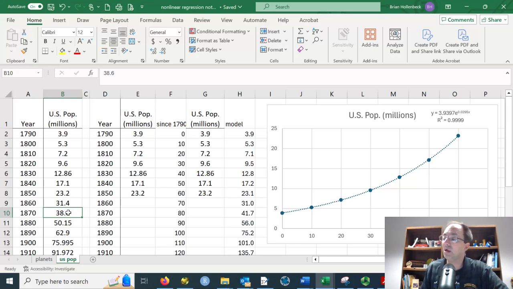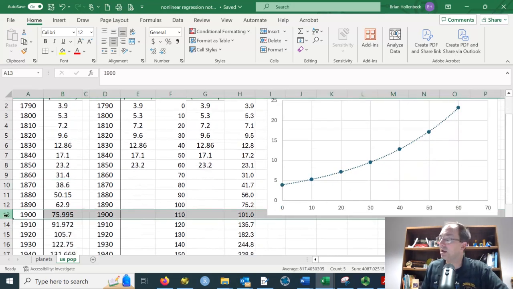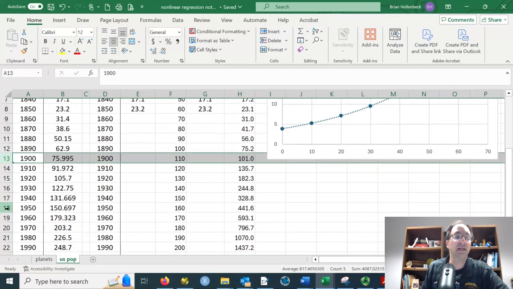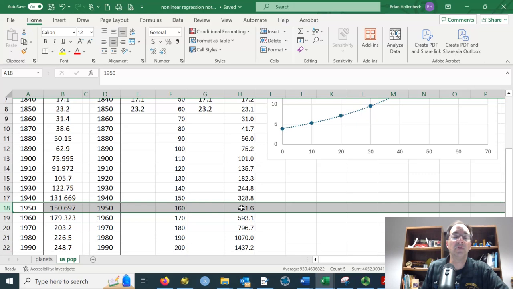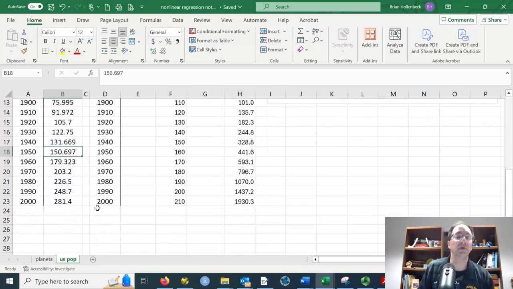So not too bad. For 1900, our semi-log model got 95 million, Excel's getting 101, and now we see we're starting to get some error, 76 million. So we're quite a bit off there. And then of course by 1950, we're nowhere close, over 440 million versus 150 million.